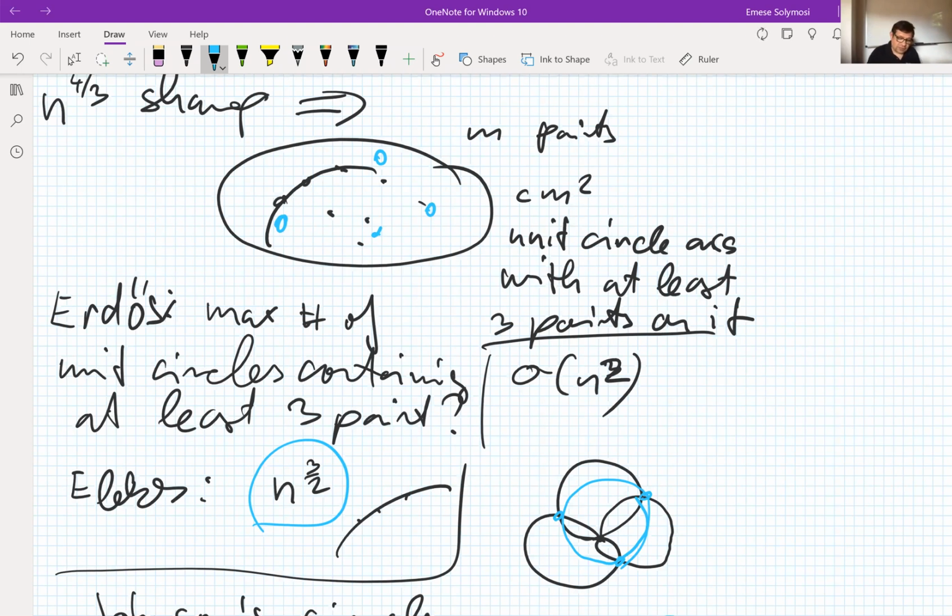Now, one would expect that if you can arrange n endpoints that contain C times n squared such triples, then it contains a rigid part.